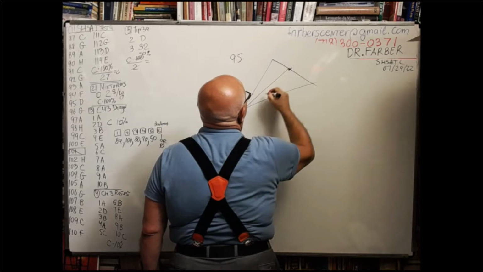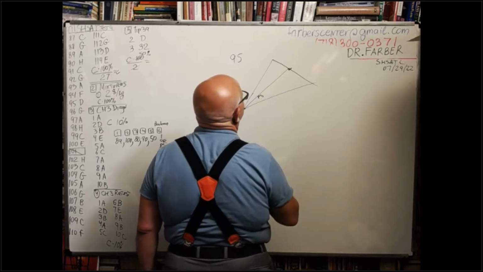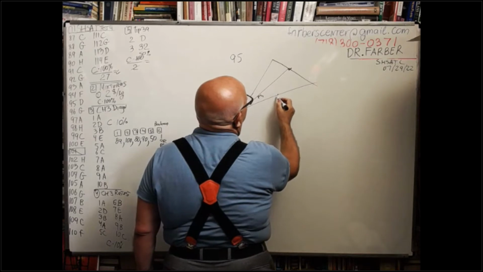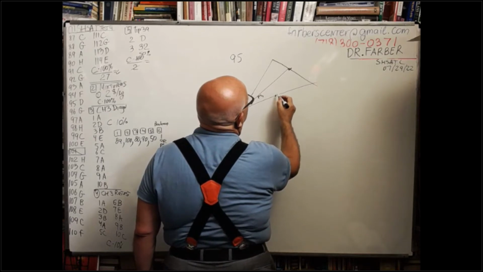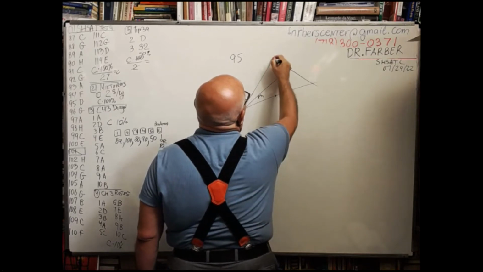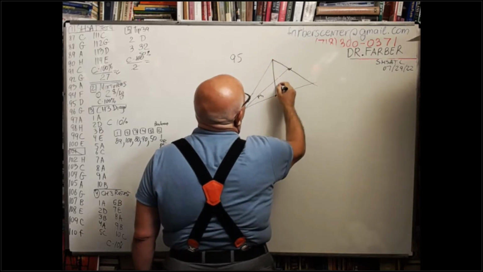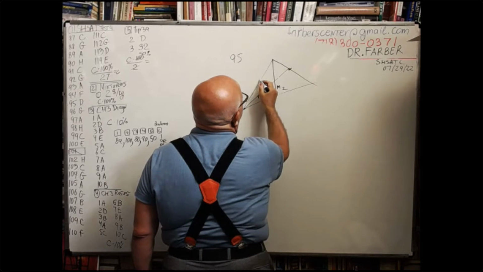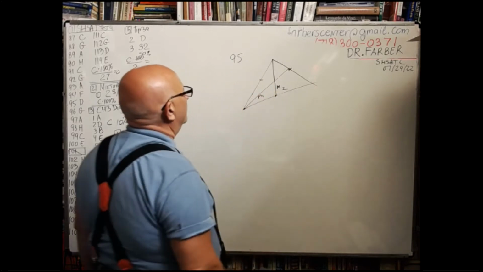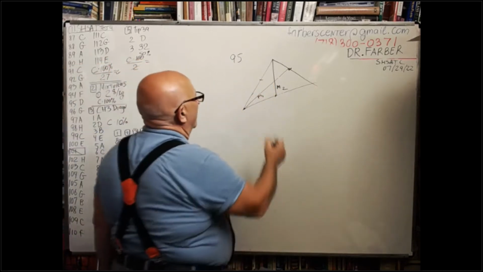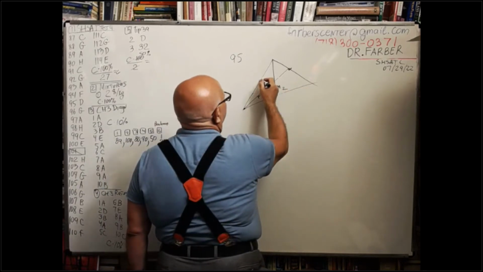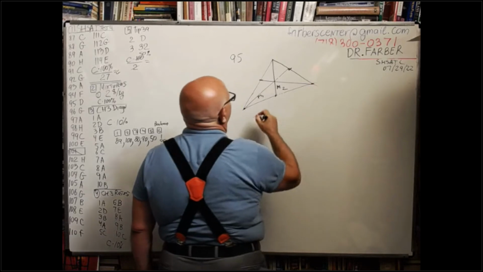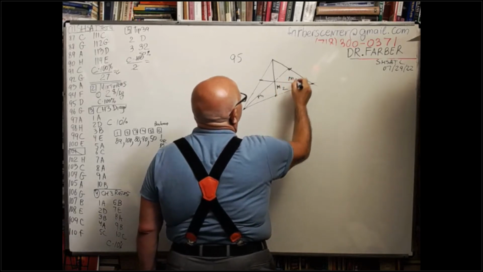This is the first median, median 1. Now I divide this side into 2 equal parts and connect with the opposite vertex. This would be median 2. And finally, I divide this side into 2 equal parts and connect with this vertex. And this is median 3.